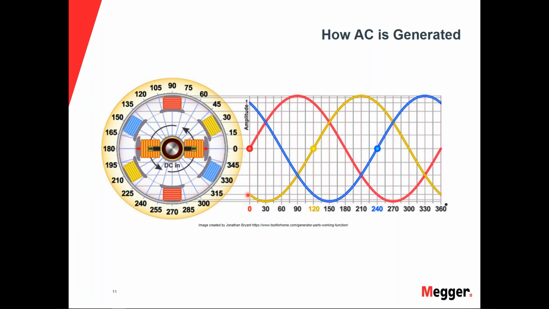But as A phase is starting, you will notice that C phase has already got some induced current coming into the stator winding here. So as it's rotating around, we're getting a three-phase sine wave that's continually moving.